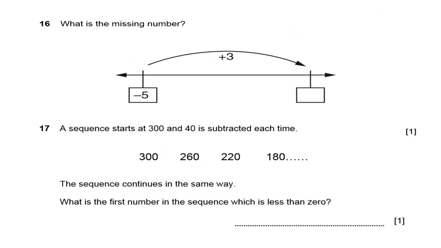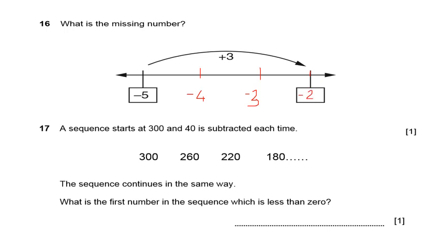What is the missing number? So if I go from -5 and I go +1, +2, +3, so obviously this is -4, this is -2, no sorry, -3, and the answer is -2.